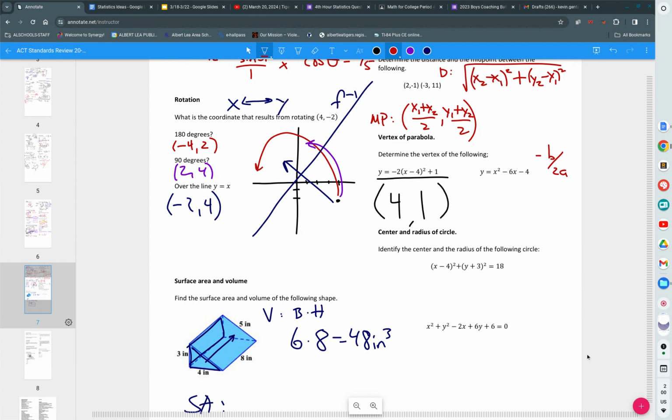Negative b is a positive 6, and twice the a value is 2. That gives me a grand total of 3. How do I figure out the y value? Plug it in, and you get negative 13.